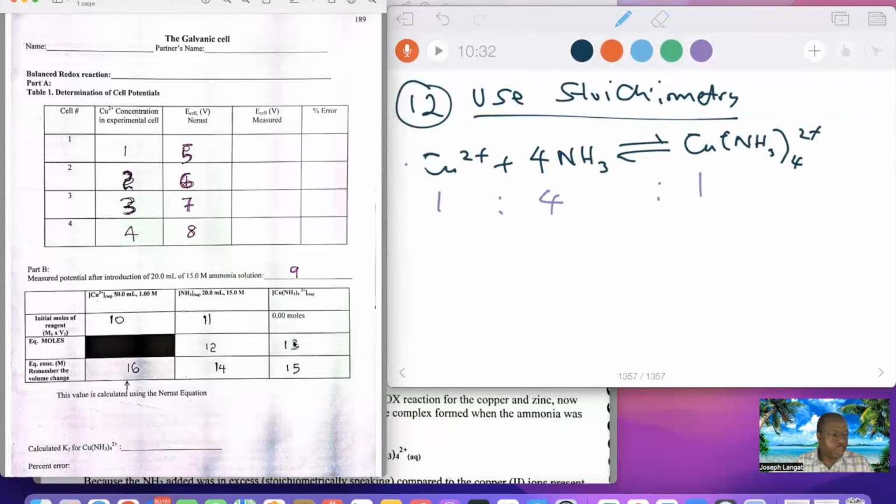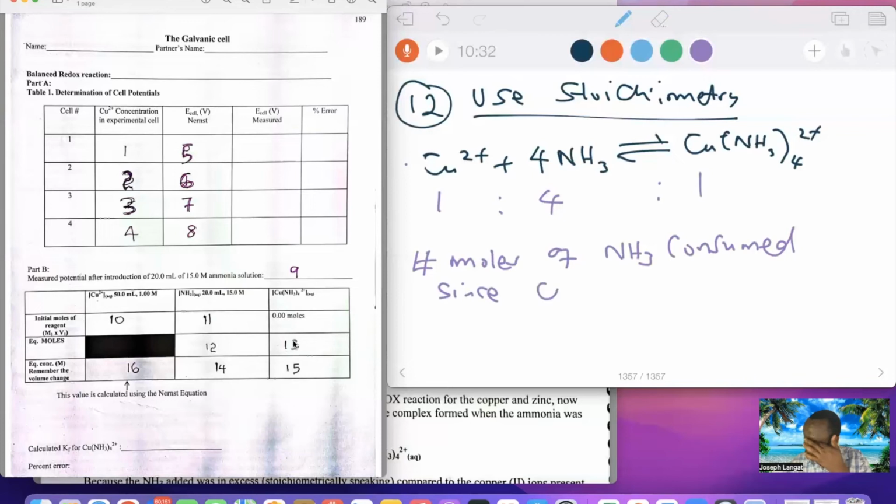So we need to know the number of moles of NH3 consumed, since Cu2 positive is the limiting reactant.